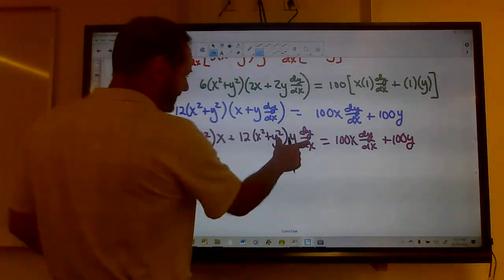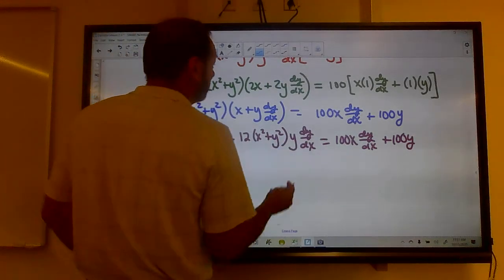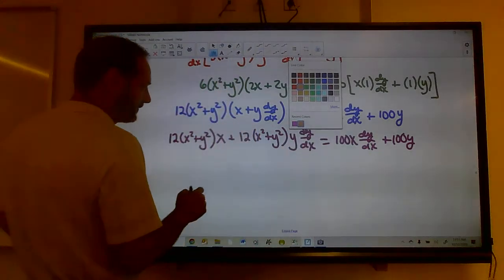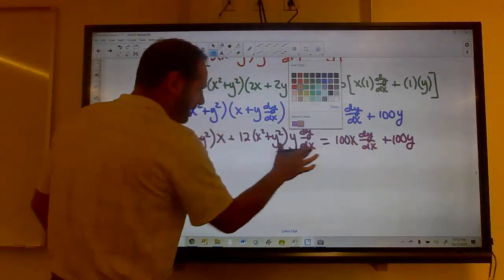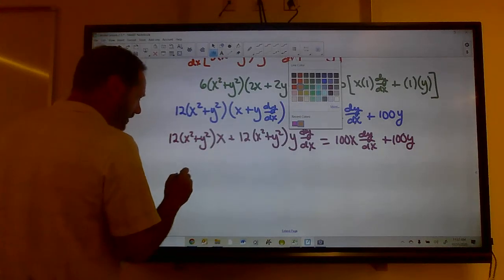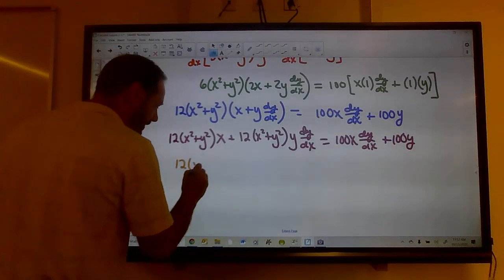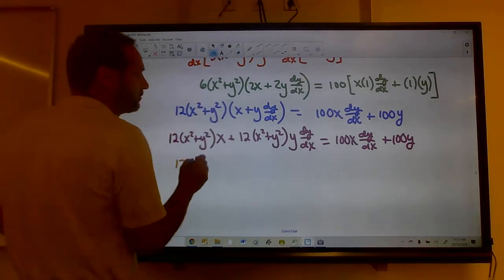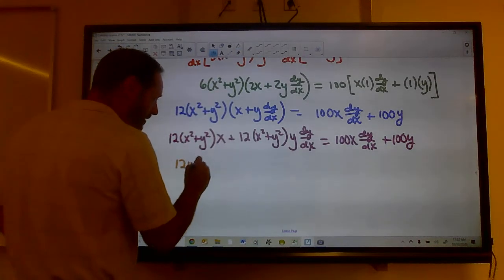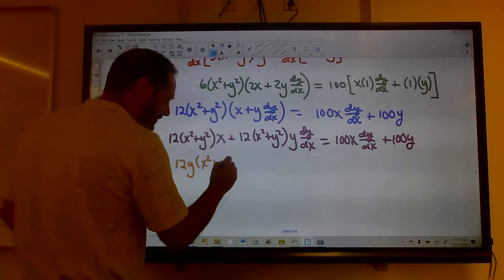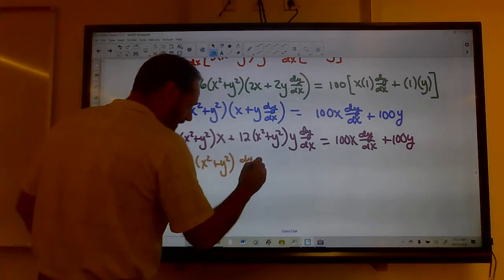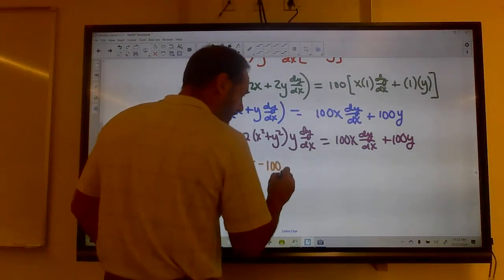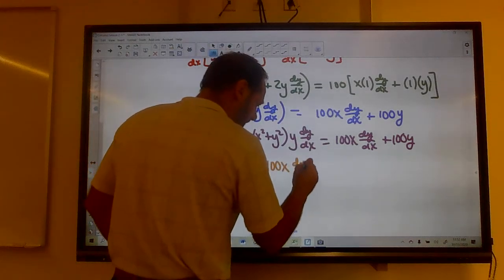Okay, now I've got this by itself. I can move it to the other side. So I'm going to move all my dy/dx's over here. So I'm going to have 12x, let's put the y in the front, 12y(x squared plus y squared) dy/dx minus 100x dy/dx.